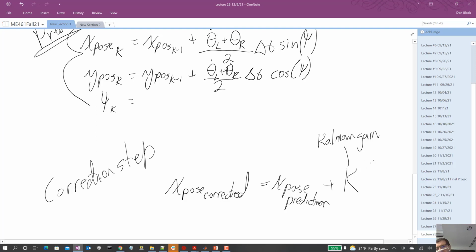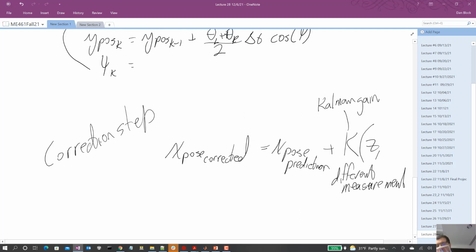And it's multiplied by a measurement, and in the Kalman world we call that Z. So this would be a different measurement of X pose and Y pose.